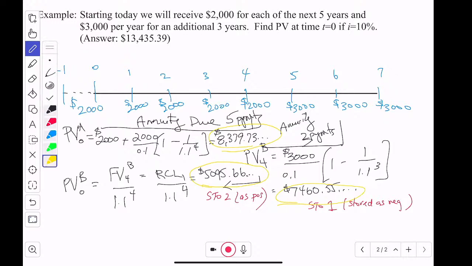That's a 3. Anyone have a different answer? So I'm going to store that in 3 as a positive.